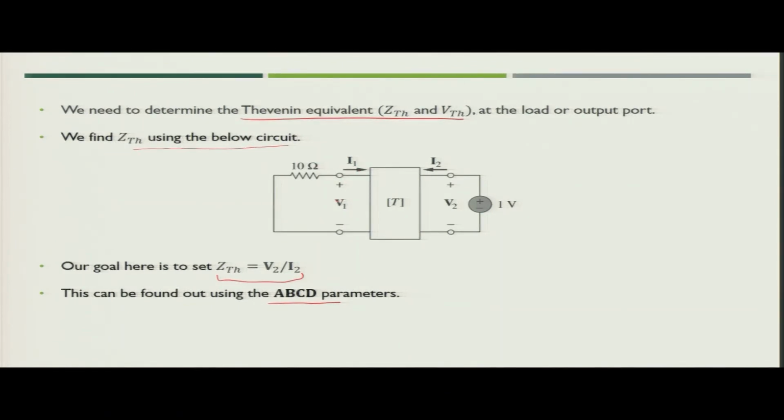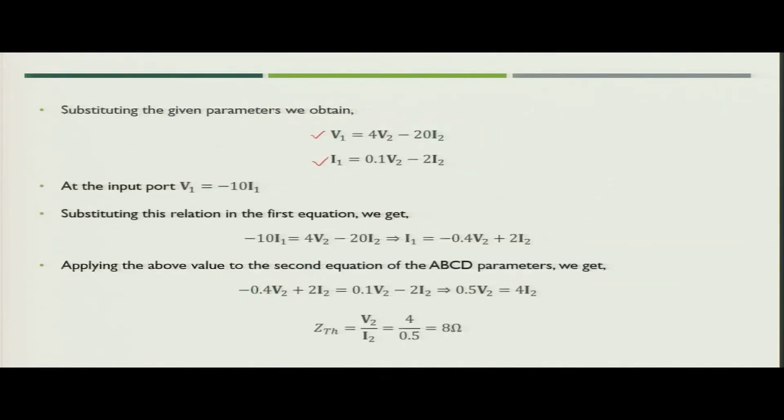So, we can simply say V1 is minus of 10 I1. So, this we get from the input port. So, if you substitute this relationship into first equation, what we get? We get I1 equal to minus 0.4 V2 plus 2 I2.